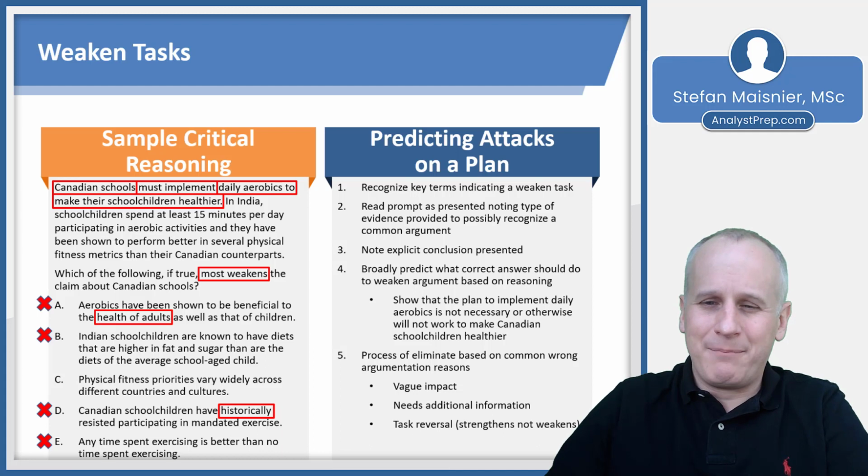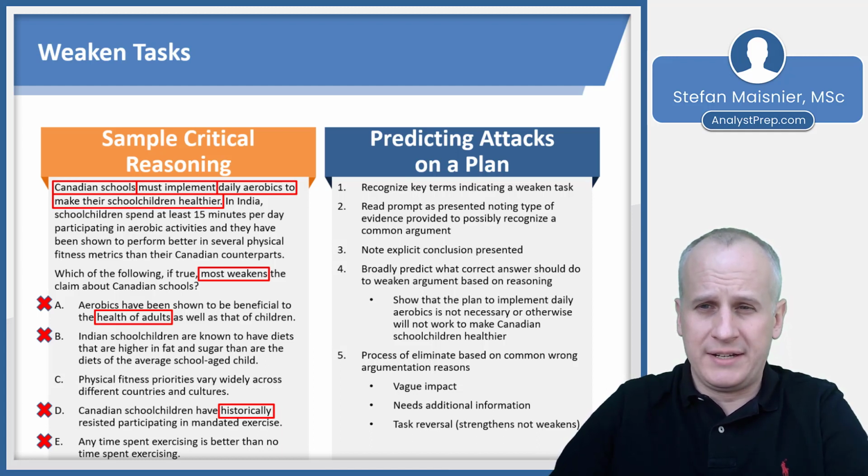But at best, this is going to strengthen because it seems like we should implement a plan to do exercise, whether it's aerobics or not. But if we consider choice C, physical fitness priorities vary widely across different countries and cultures. Well, this is basically introducing an analogy aspect of the plan. And it's saying that you can't compare Canadian schools or Canadian school children to what Indian school children are doing, because those physical fitness metrics may not define health for Canadians culturally.